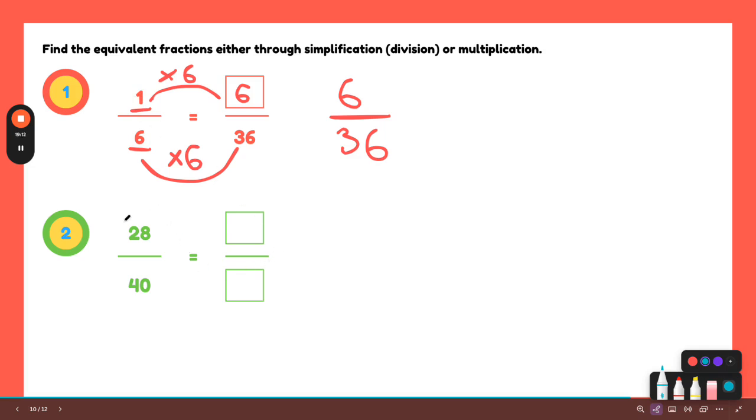But here the numbers are quite large, which should indicate that we need to use division, because we need to simplify this fraction into something easier to work with, or into smaller numbers.